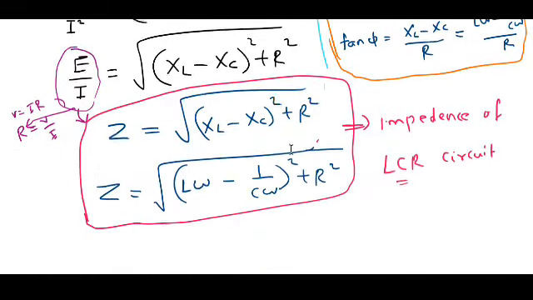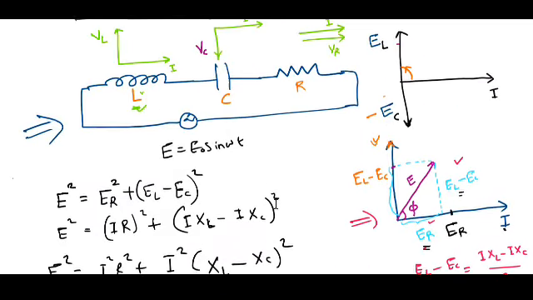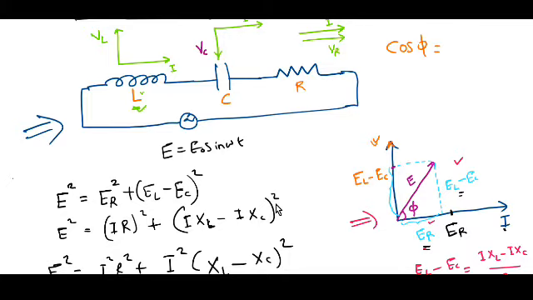Now, what is the power factor cos phi? If you come back to this picture again, cos phi can be written as the adjacent side, that is ER, divided by the hypotenuse, that is E. ER by E is I into R divided by E, which is I into Z. This I and I cancel. R by Z is the cos phi.